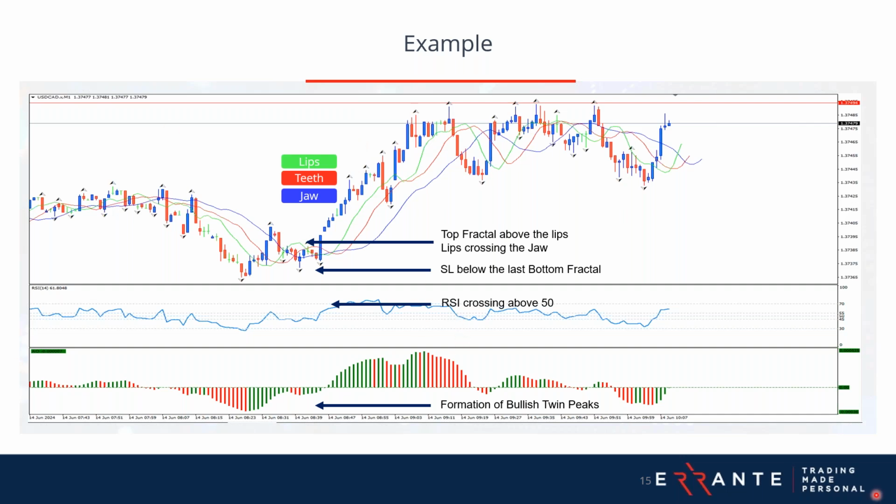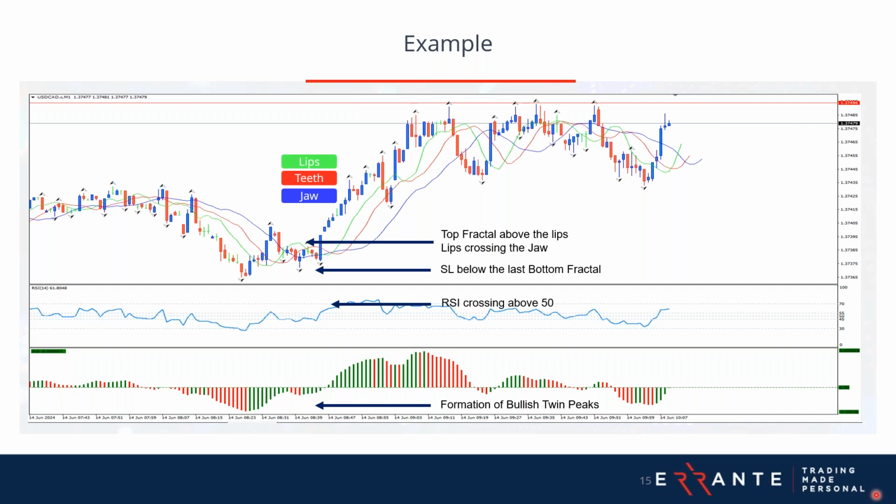By following these steps, you use a systematic approach to identify a buy signal using the Bill Williams trading system. This strategy combines multiple indicators and confirmations to increase the reliability of your trade entries, helping you make more informed and confident trading decisions.